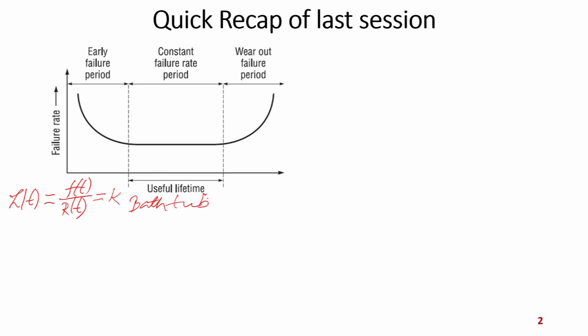It shows three regions: the early period, called the infant mortality period, then the useful or constant failure rate period, which is the useful lifetime, and the wear out failure period, where the wear out of various systems like the propulsion system or the power system happens, and there is a higher probability that the system will fail.